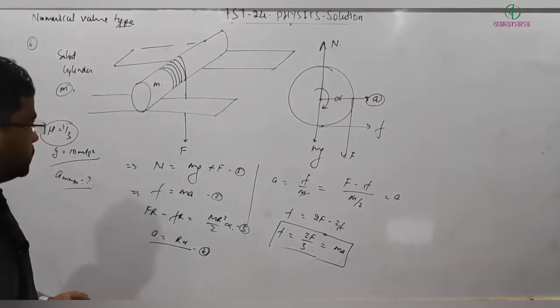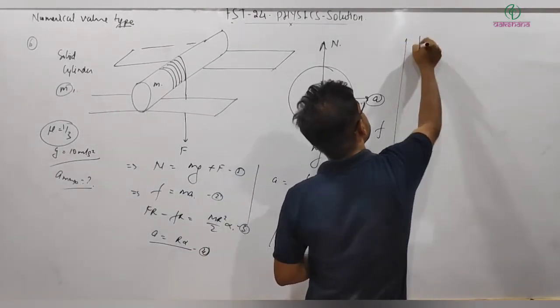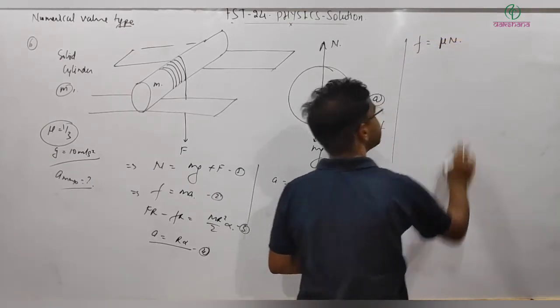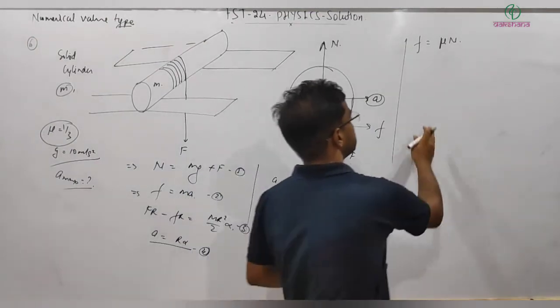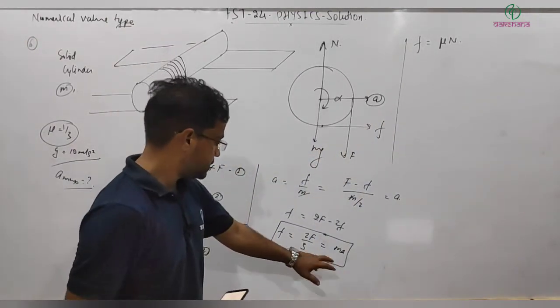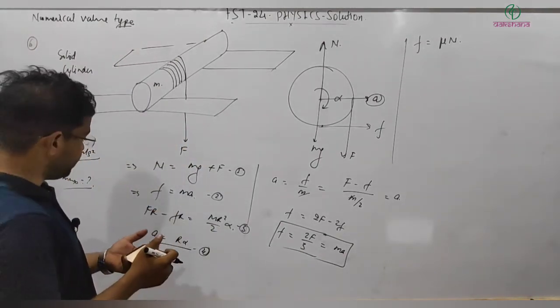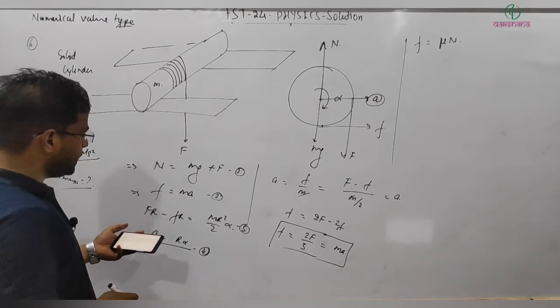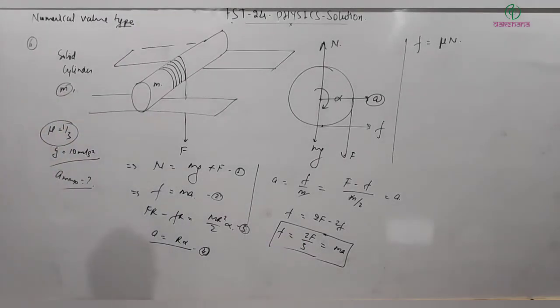Right? So substituting these values, and we know friction is equal to what? mu times normal reaction, clear? And normal reaction is given as this. So just substituting the values, we understood it here, and we got the value of friction. We are asked to find the maximum value of A, so we just need to get the value of capital F in terms of mg.